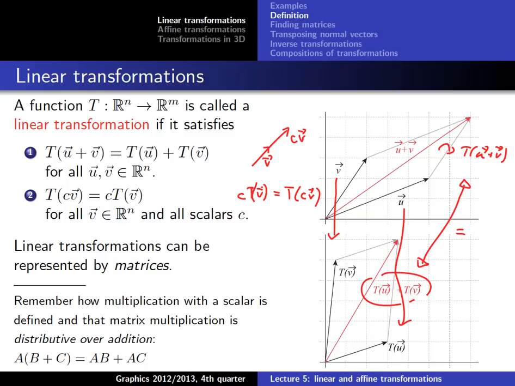And if these two conditions are fulfilled, then we say we have a linear transformation, and these are exactly the kind of transformations that we can do with matrices. And we see that we can do them with matrices very easily.